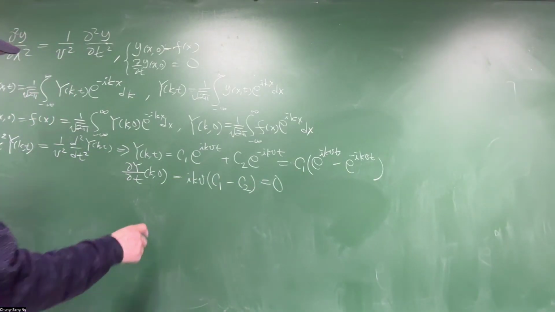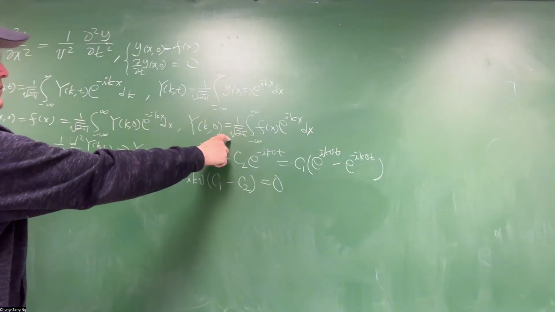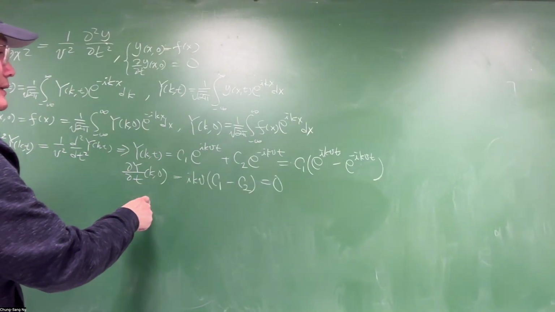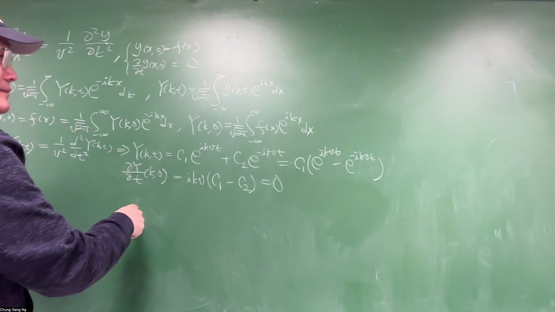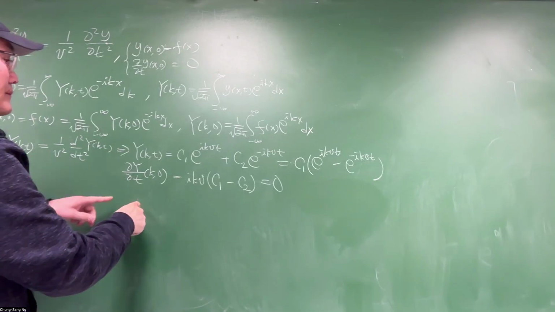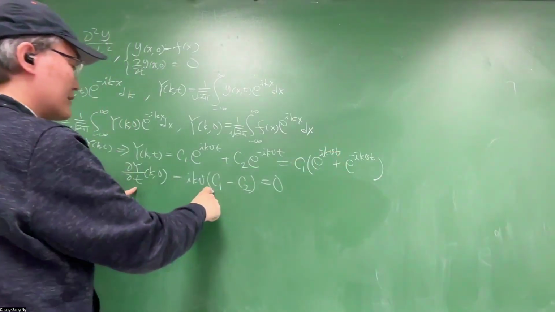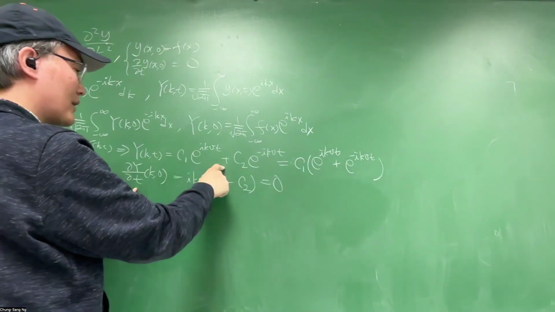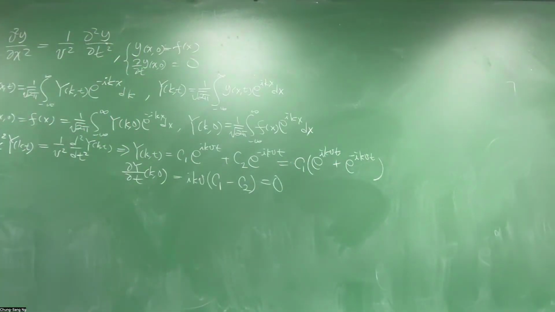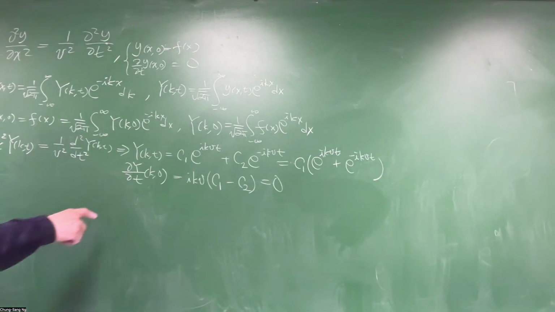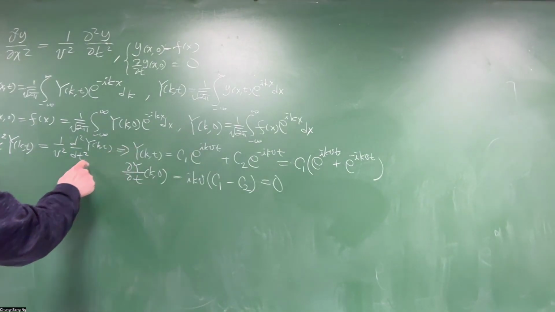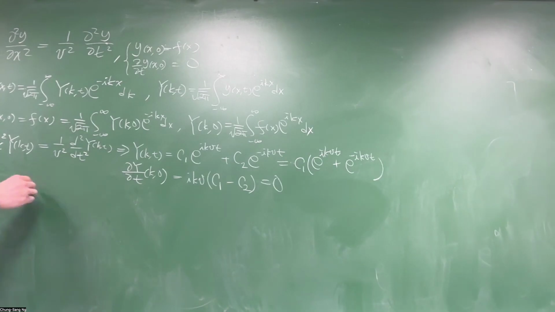Okay, and now you apply the first one. This is plus. So C1 equals C2, C1 plus C2, which is 2 C sub 1.